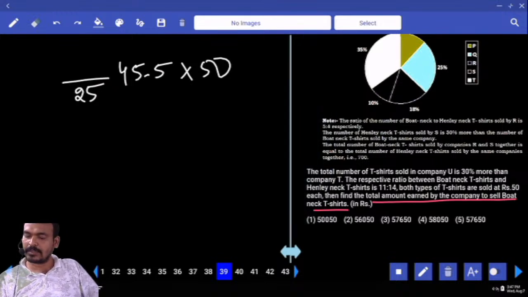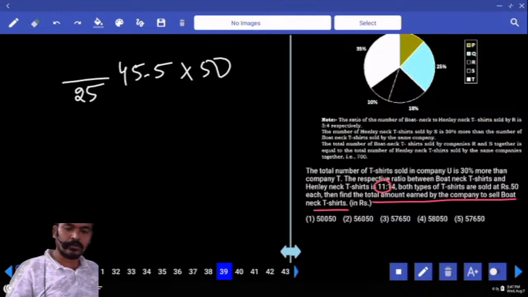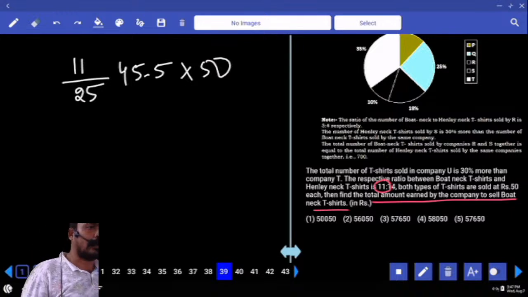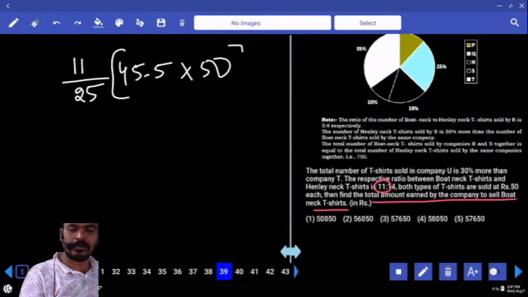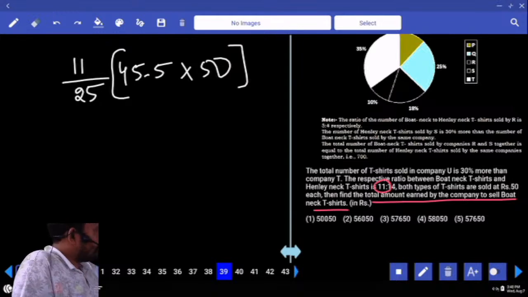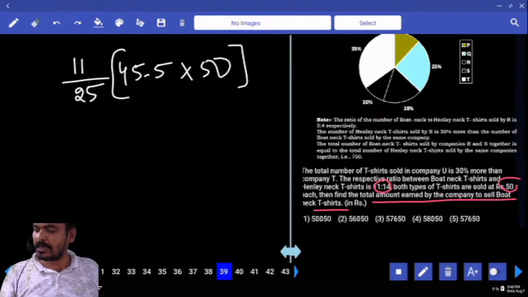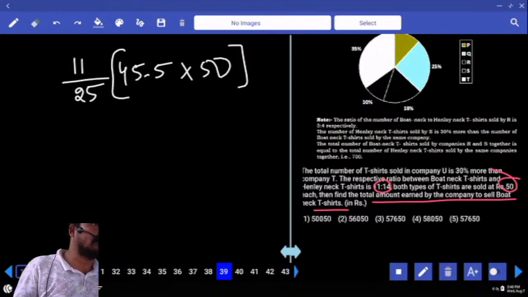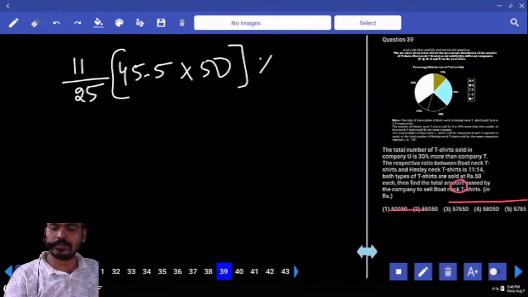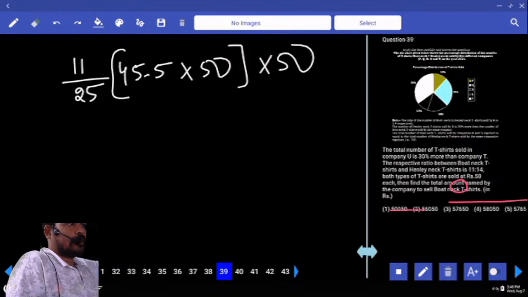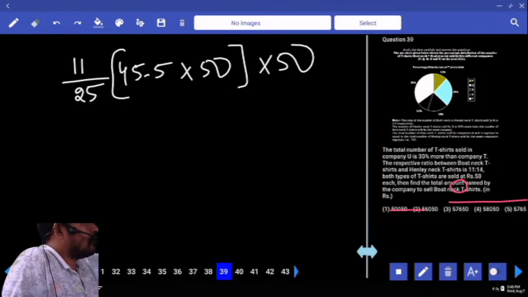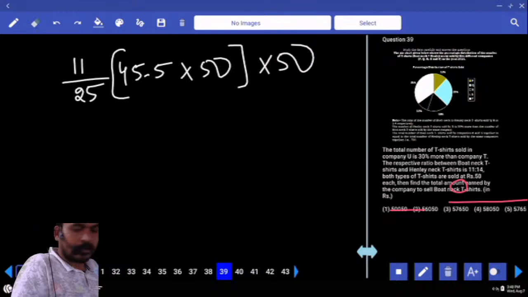Boat neck t-shirts means how many parts? 11 parts, means 11 by 25 of 45.5 multiplied by 50. We get the number of boat neck t-shirts sold. But each one is how many rupees selling price? 50. First we get the number of shirts. Each one is 50 rupees. We require total cost, so multiplied by 50.